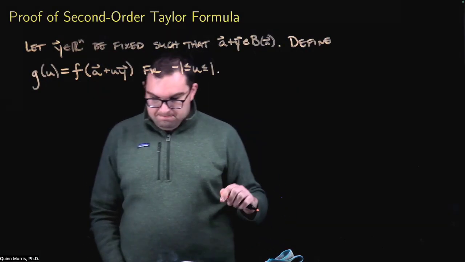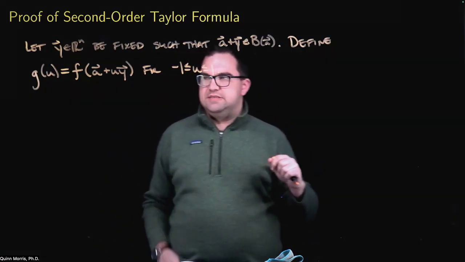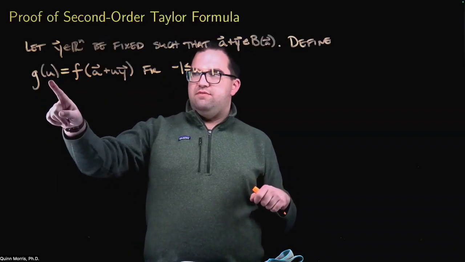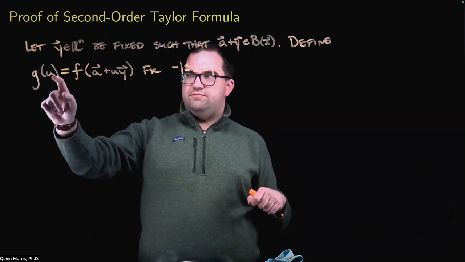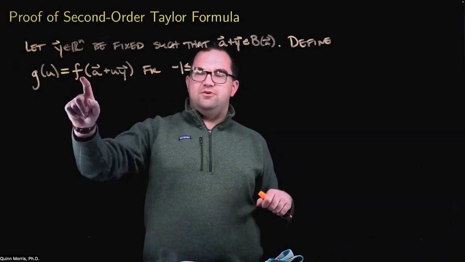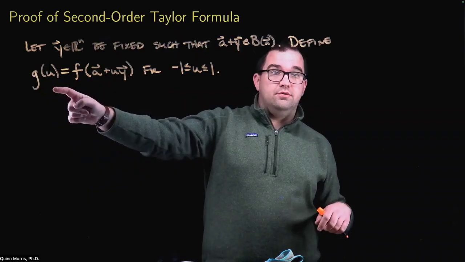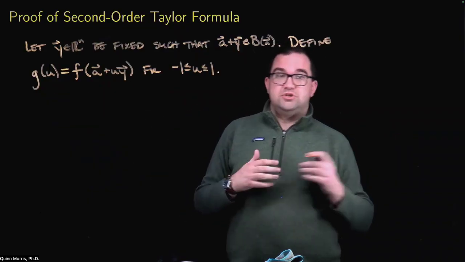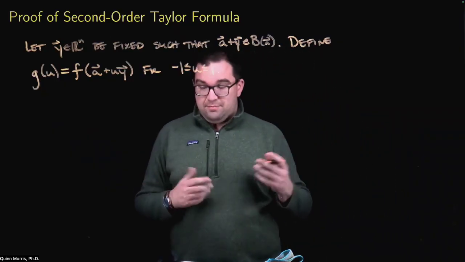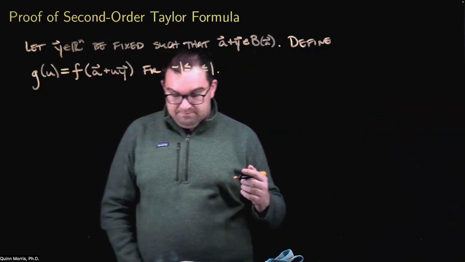Now, notice this function g of u, what kind of function is it? u is a scalar, so this is a function of a single variable. And it outputs values of f, which are in R. So g is a function from some subset of R into R. It's a single variable function. So we can treat this in the way we treat pretty much any other function from R to R. We can use lots of those results from 5610.